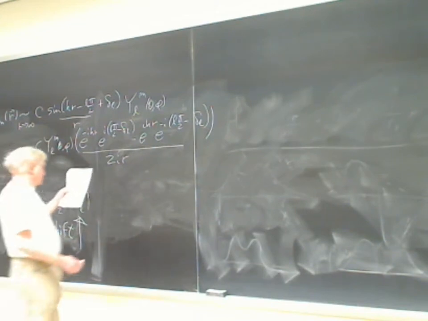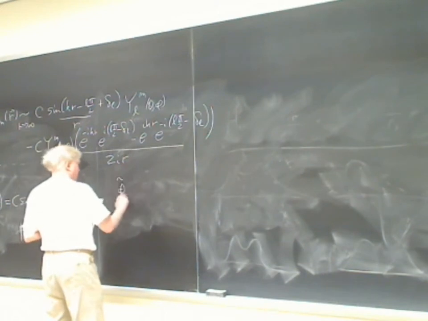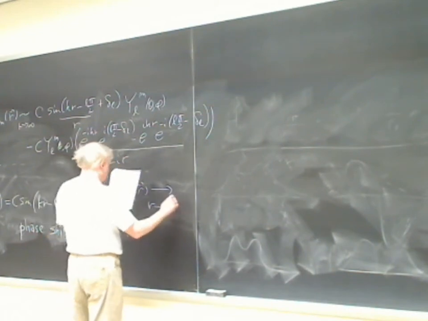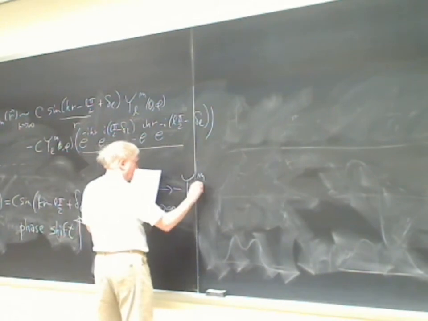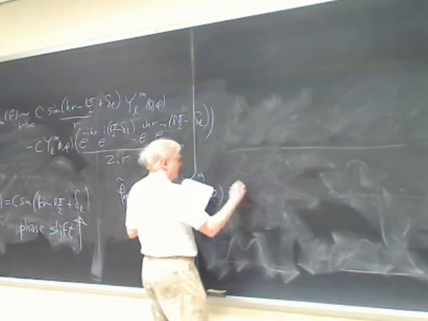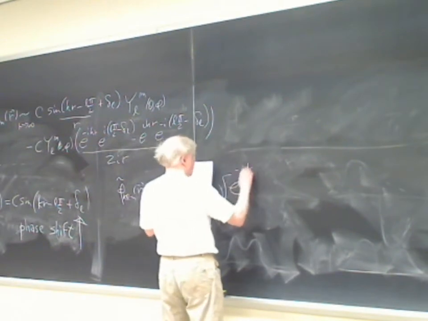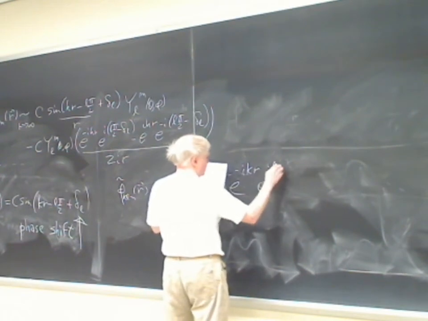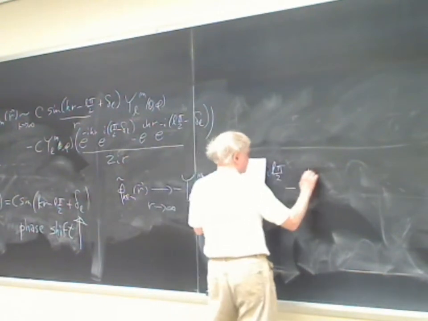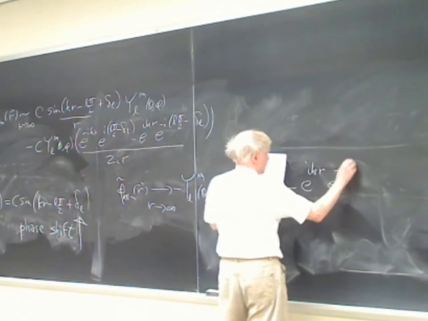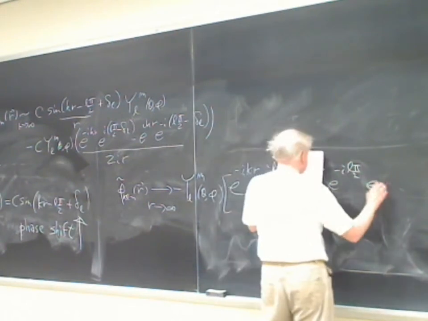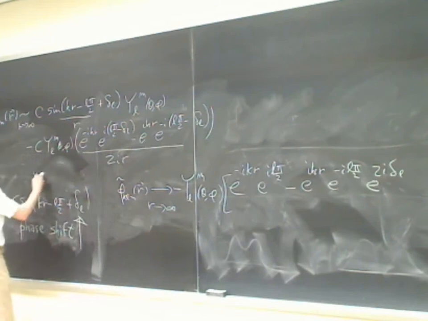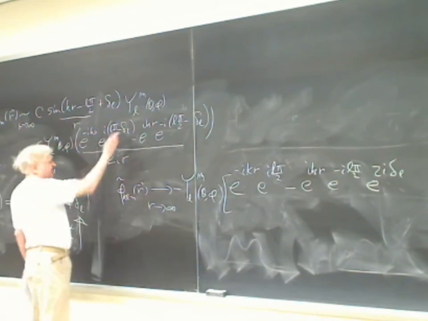And so that means we call that phi tilde KLM of R, and it has the asymptotic behavior, as R goes to infinity, of minus YLM of theta and phi, and now e to the minus IKR e to the I L pi over 2 minus e to the IKR e to the minus IL pi over 2, and then e to the 2I delta L. In other words, we multiply each of these by e to the I delta L to get rid of this factor.